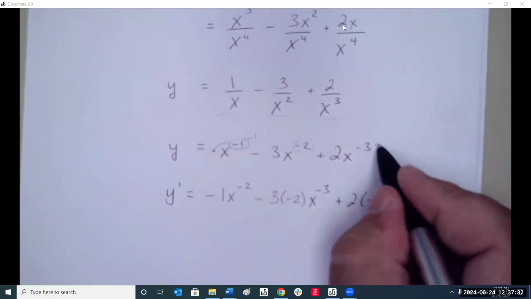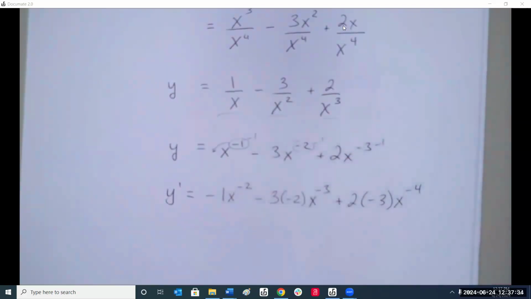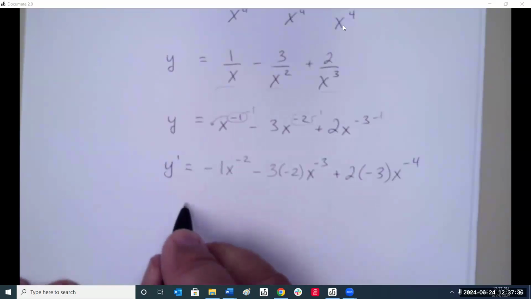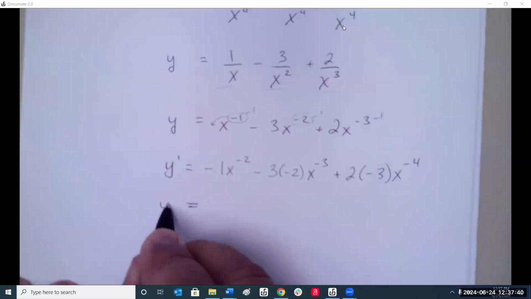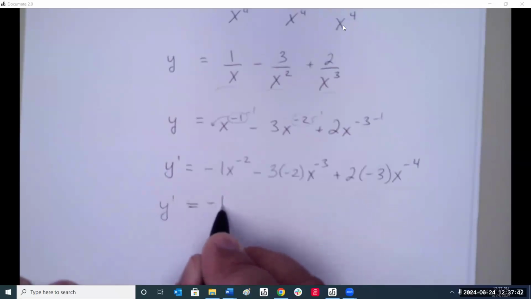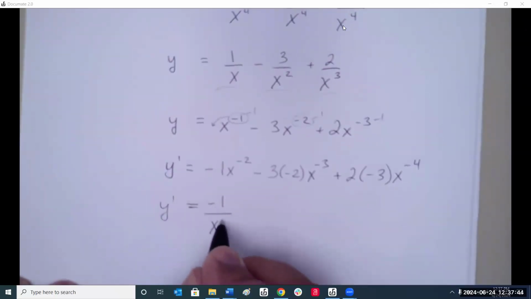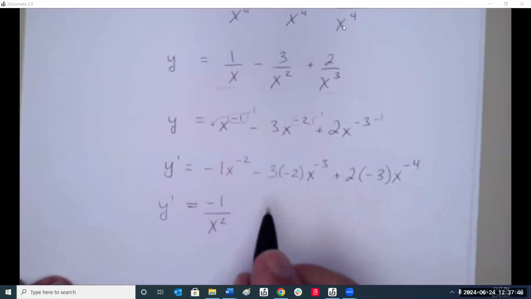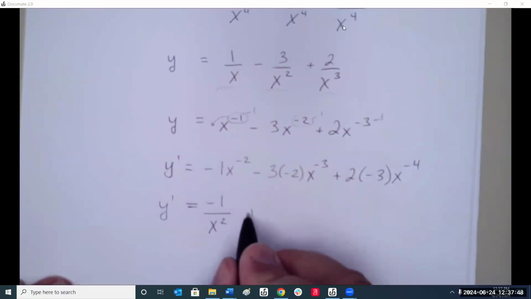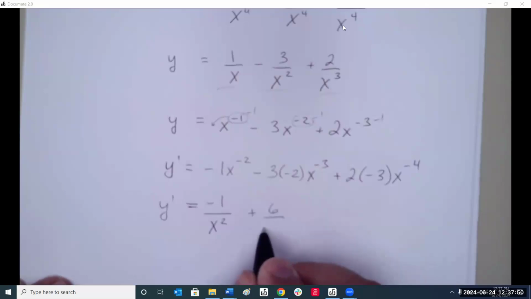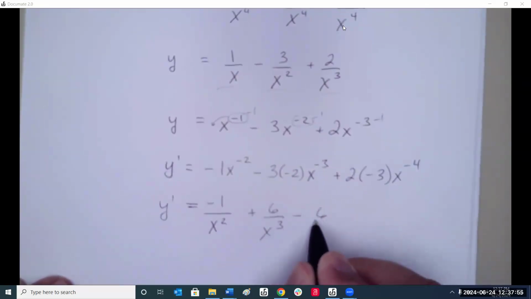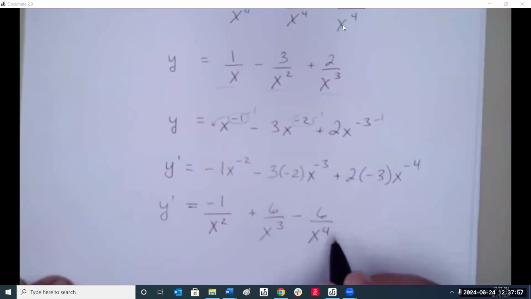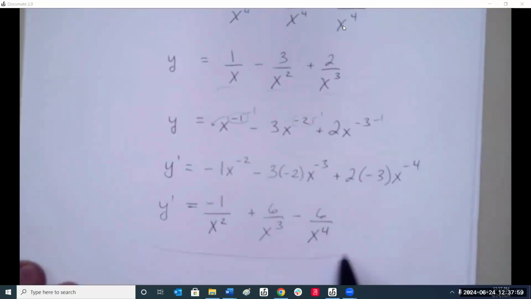And subtract 1 from the top. Rewrite them with positive exponents. And there's your derivative.